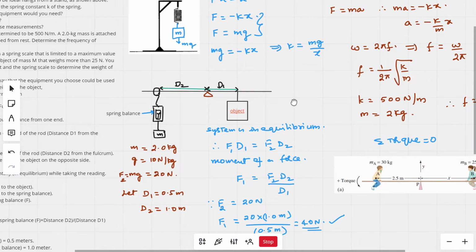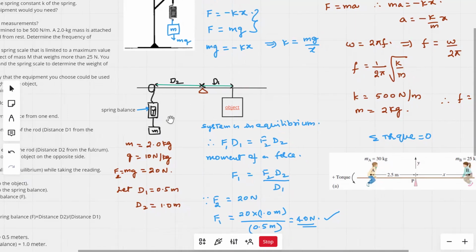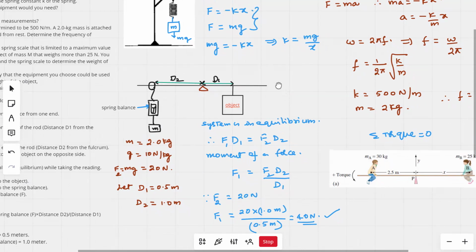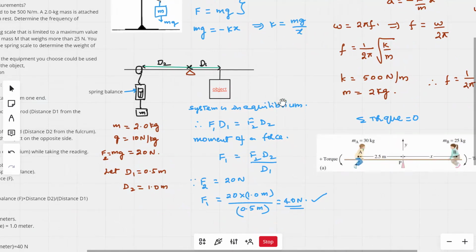You are not supposed to use another spring scale, but if you use the same spring scale, it will break because it is beyond the limit. So how to measure the weight of the object without breaking the spring scale, with the available equipment in the laboratory?